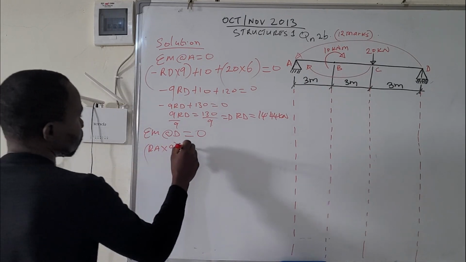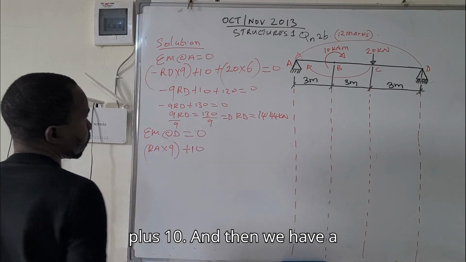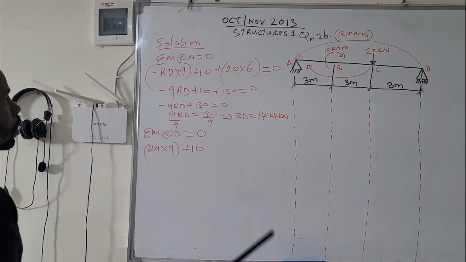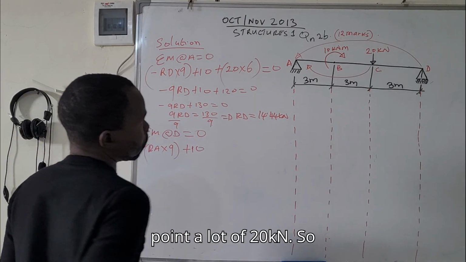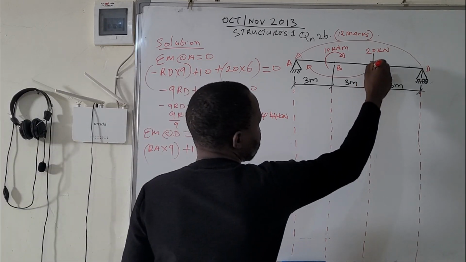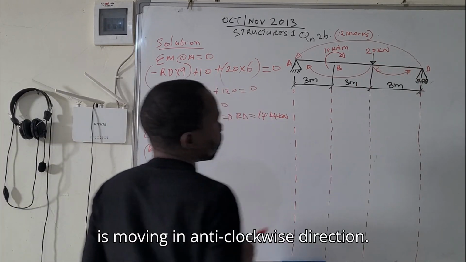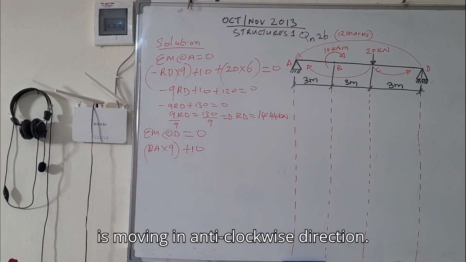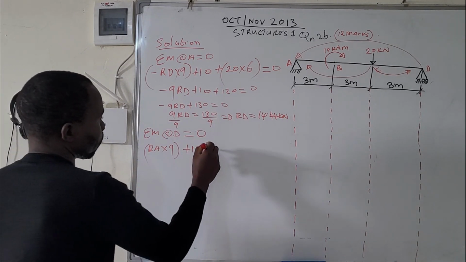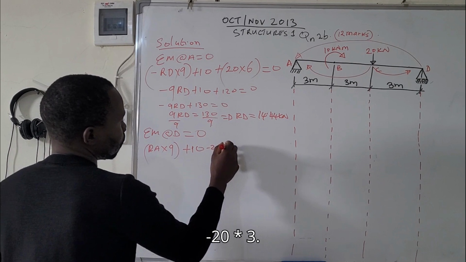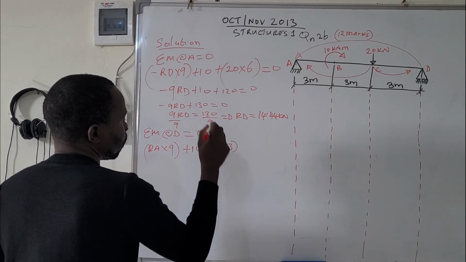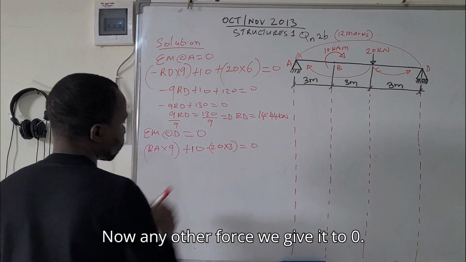So it's plus 10. And then we have a point load of 20 kilonewton, which is moving in anti-clockwise direction. So it will be minus 20 times 3. No other force, we equate it to 0.